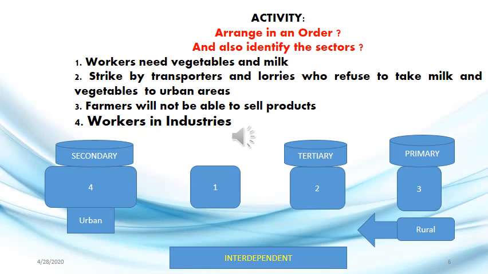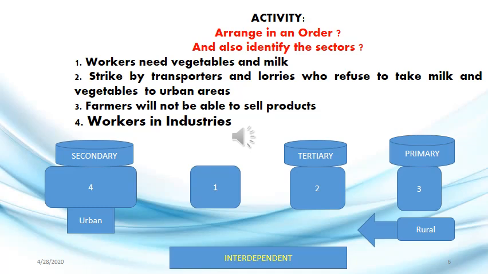Right? So, based on these, it is clearly understood for us, when you say industrial workers, you can call them secondary altogether. When you say rural primary who produce vegetables, you can call them the primary sector. And who is now disturbing through protests, especially lorry or transportation, you know they are coming under tertiary sector.